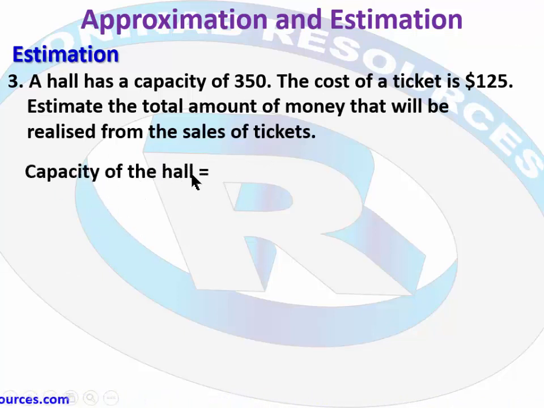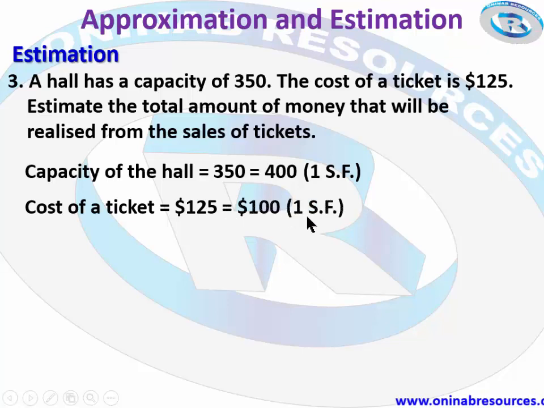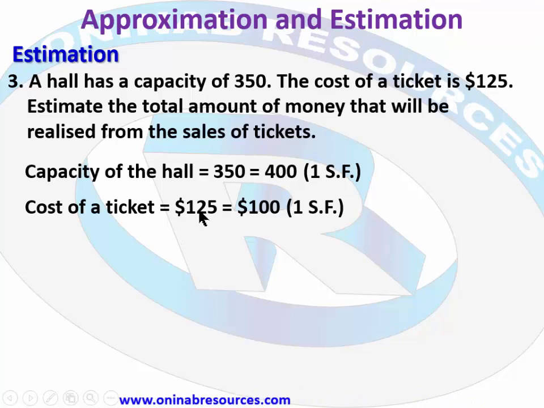So we have the capacity of the hall to be 350. To one significant figure, we are going to have it at 400. 3 plus 1, because this is 5. 400, that's one significant figure. Cost of ticket is $125. To one significant figure, I'm going to have it as $100. Remember, this is 1, this is 2.